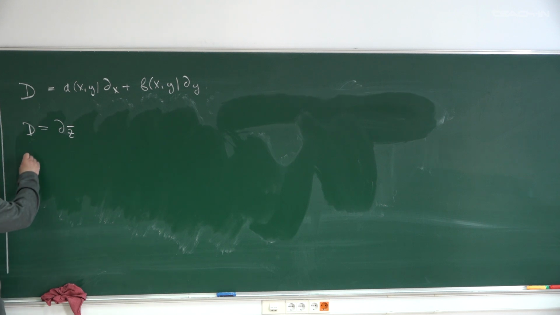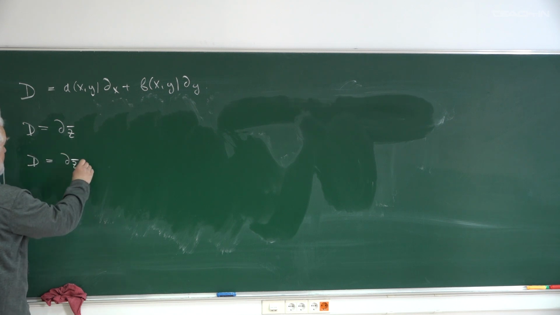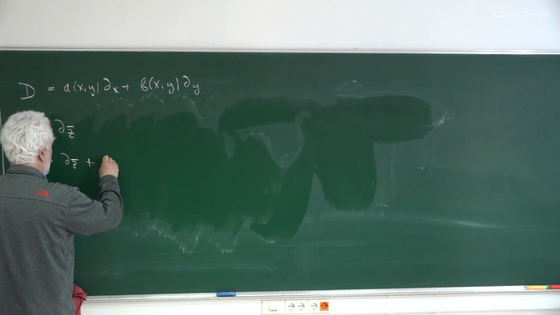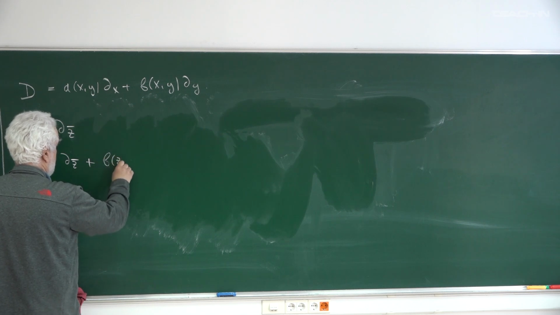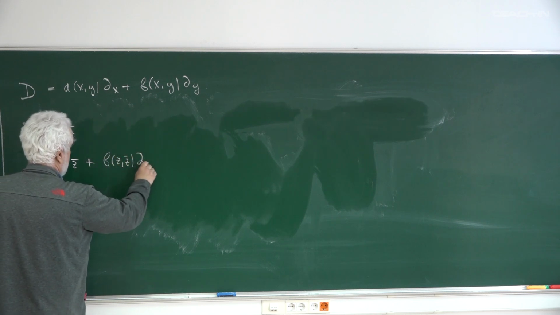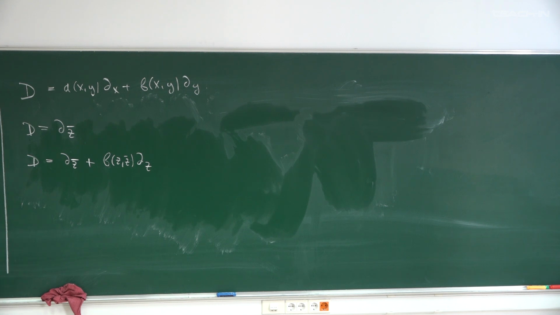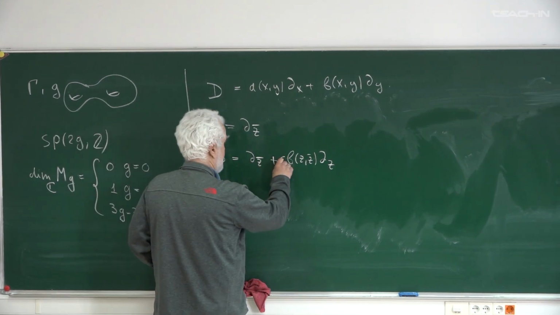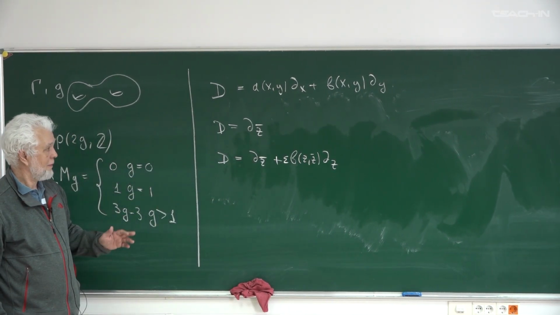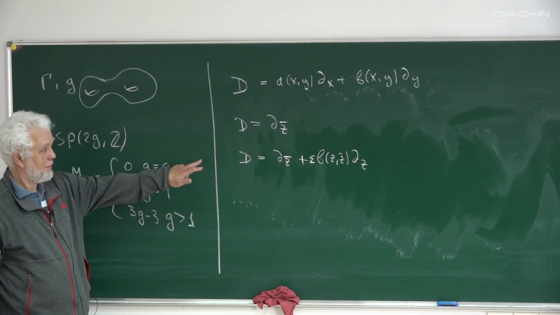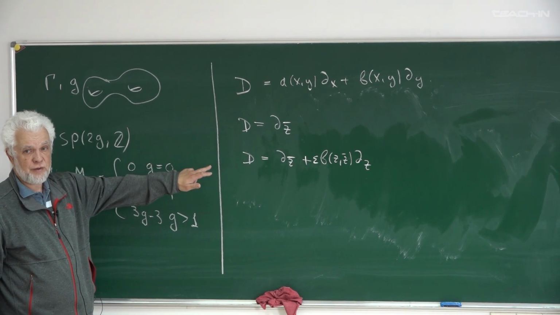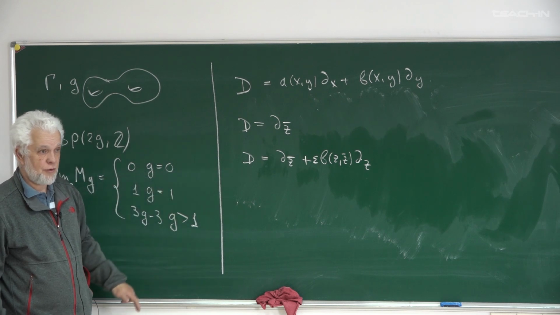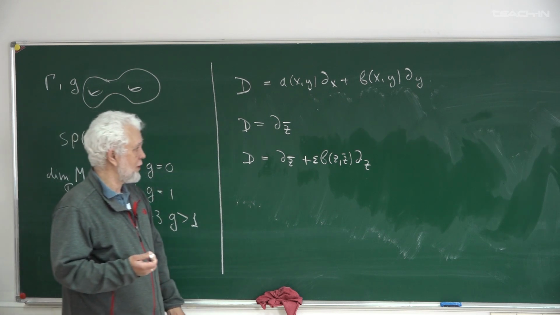It means that we introduce a new operator. D is d by d Z bar plus B d by dz. So, variations of complex structure, epsilon, of course. We write epsilon. Such infinitesimal deformations of complex structure. We prove the following statement.